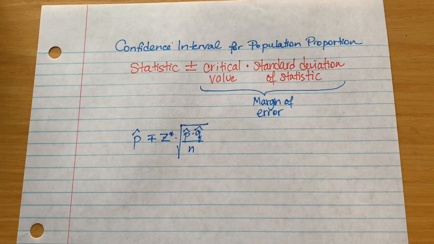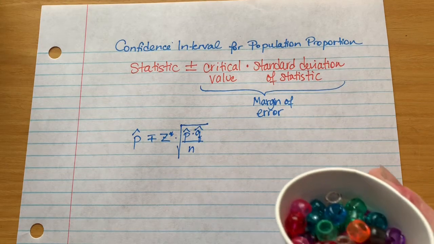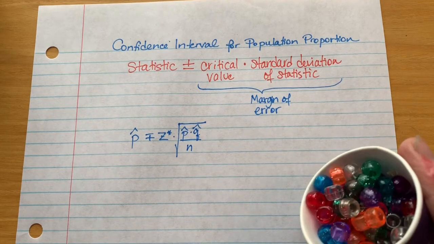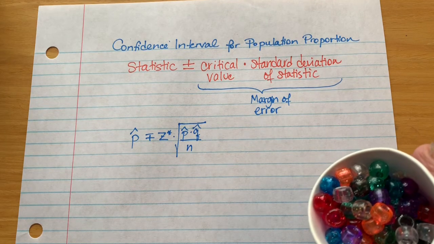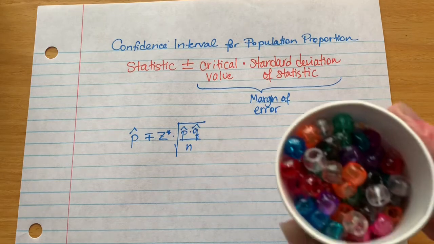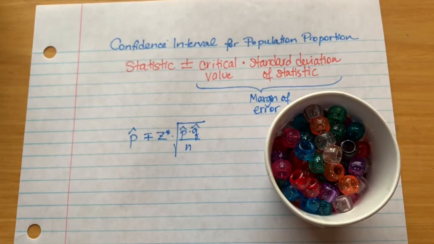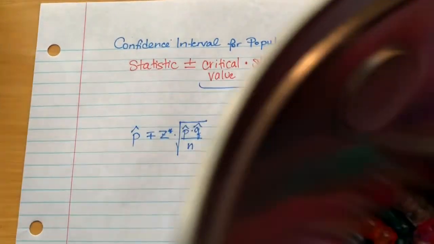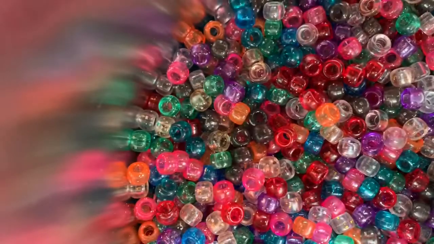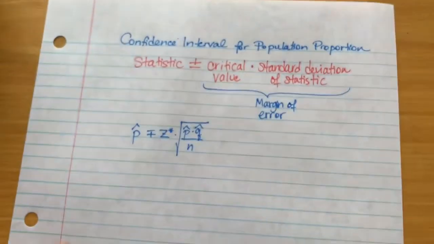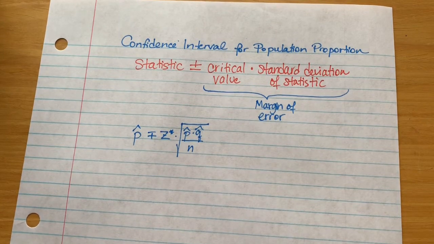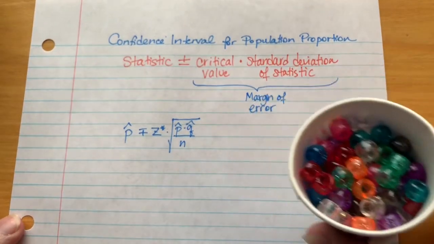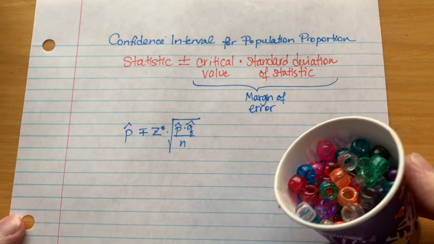So really quickly, let's go ahead and construct our confidence interval for our beads. Remember, we wanted the confidence interval for the number of pink beads, not in this little sample, but in this whole bucket. I don't want to sit down there and count all the pink beads, even though my kids really love pink beads.